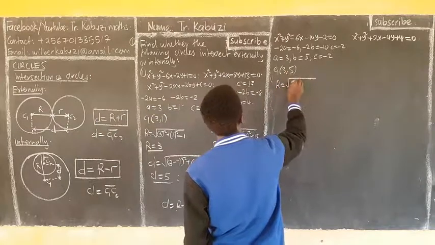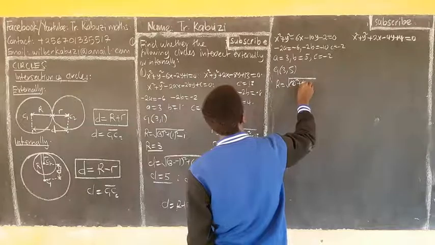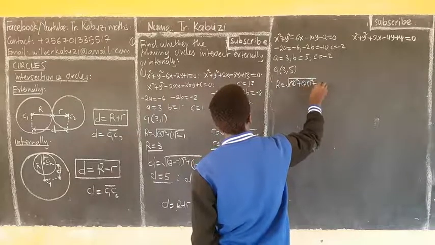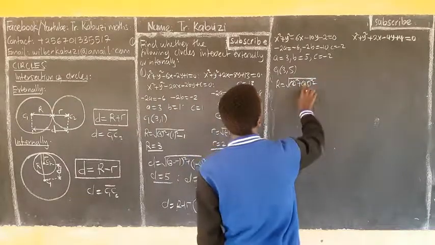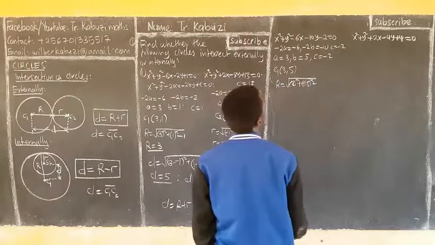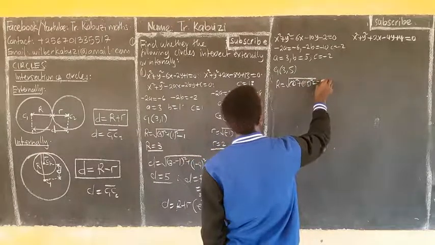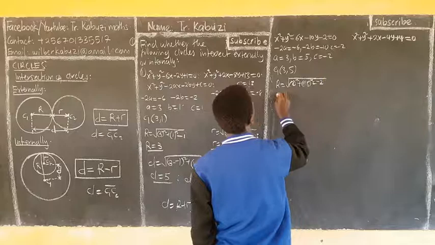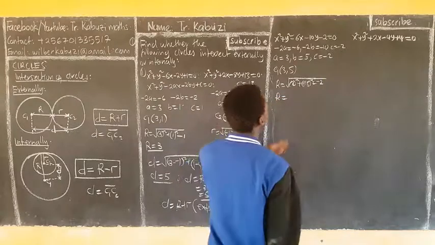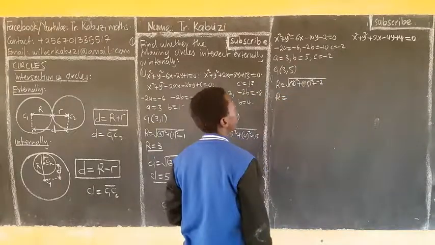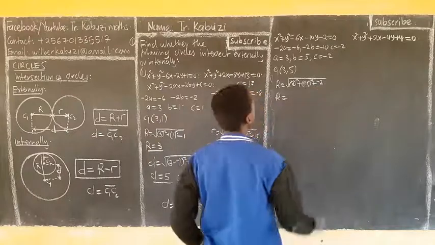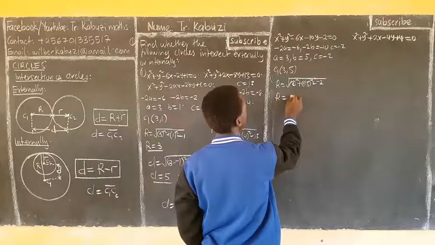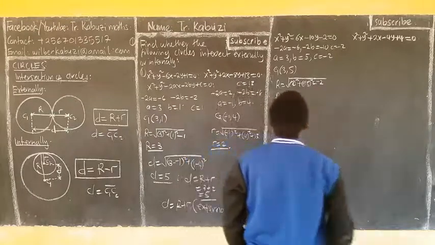We get 3 squared plus 5 squared, then minus negative 2. So this radius is going to be 25 plus 9, that's 34, plus 2, 36, square root of 36, you get 6 units.